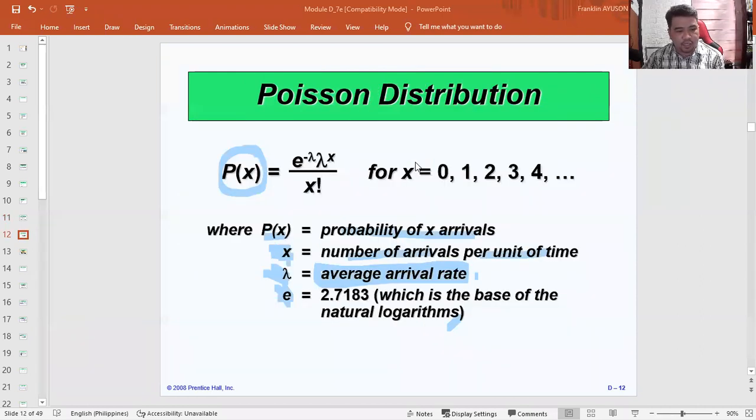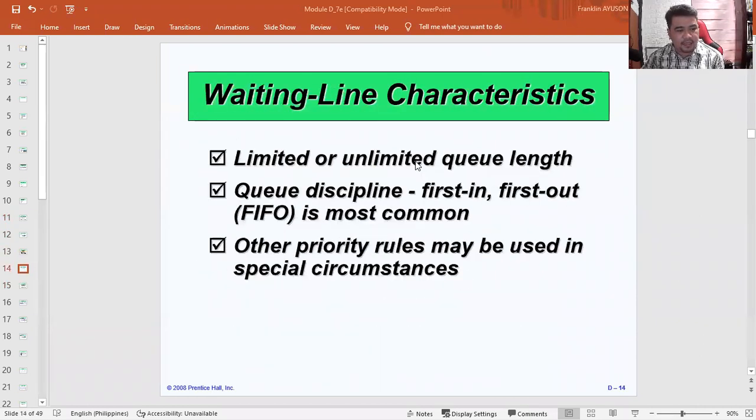So as I was saying, it can be limited or unlimited: limited to three, or unlimited up to the extent that people can fall in line. Sometimes the line is really very long.